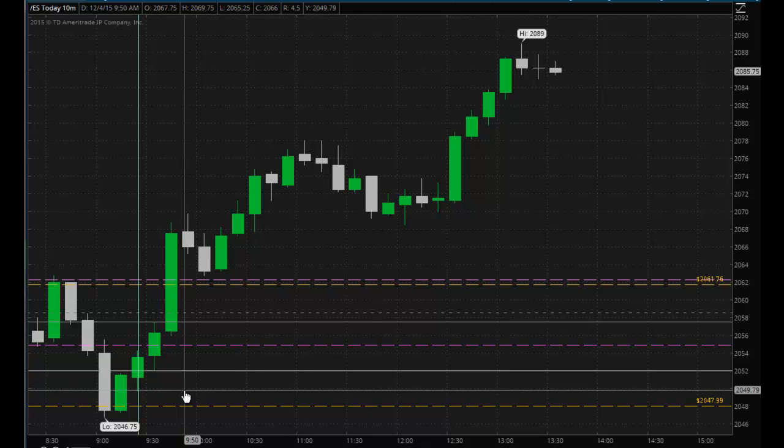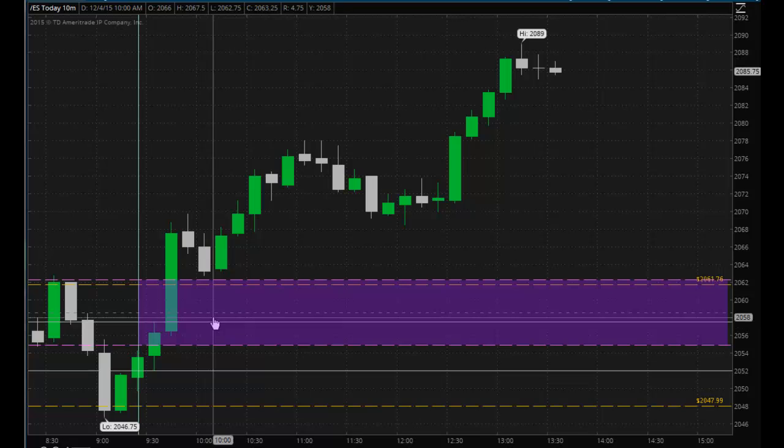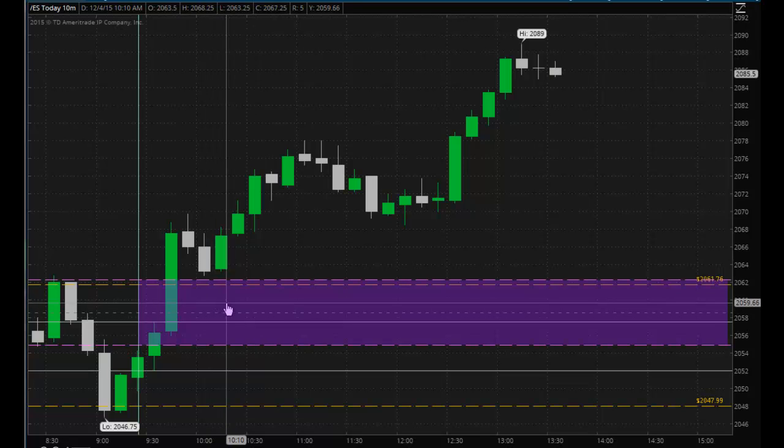Now the purple lines that you see on the chart are also part of Mark Fisher's ACD method, and this is the pivot range. Basically he takes the daily pivot and then makes a range out of it, and that calculation you can also find in his book, The Logical Trader.